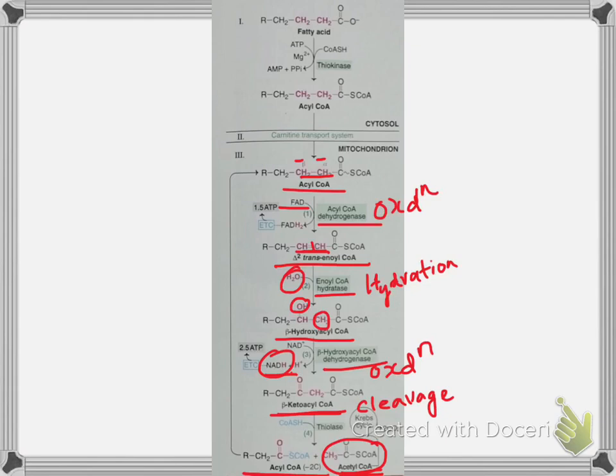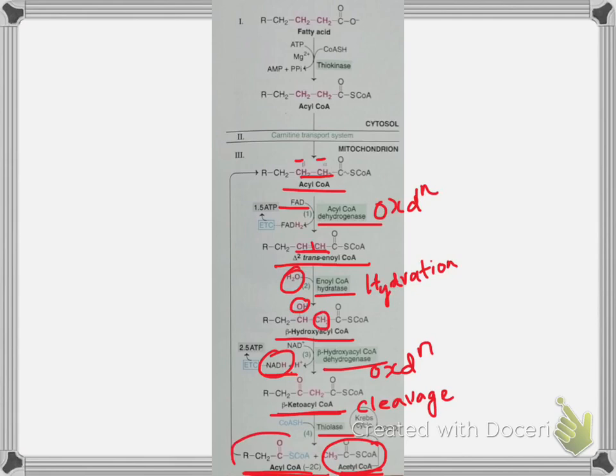So the fourth step is the cleavage, that is the final reaction, in which the 2-carbon fragment acetyl CoA is liberated from acyl CoA by a thiolytic cleavage by the enzyme beta keto acyl CoA thiolase, forming a 2-carbon less acyl CoA and acetyl CoA.